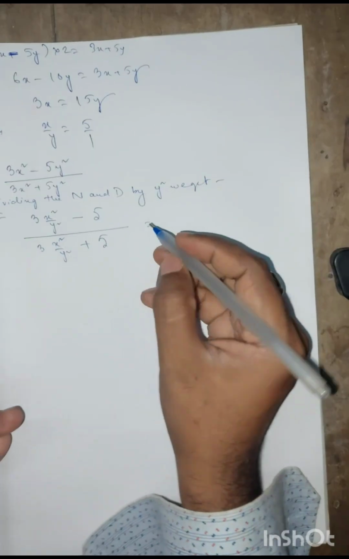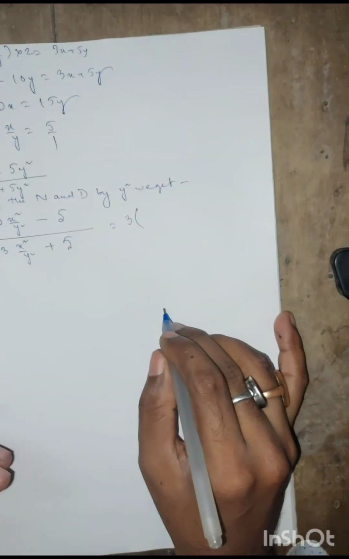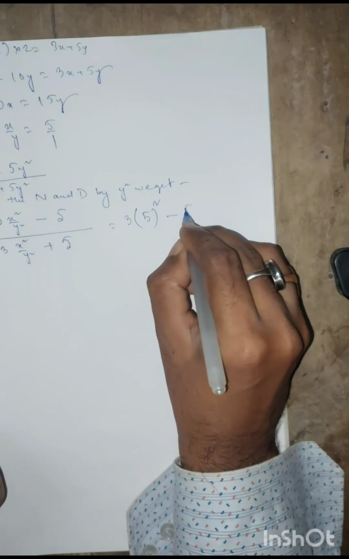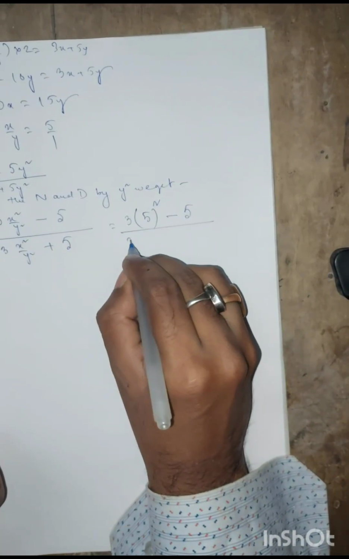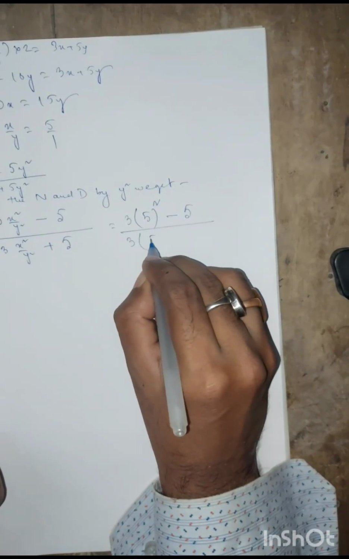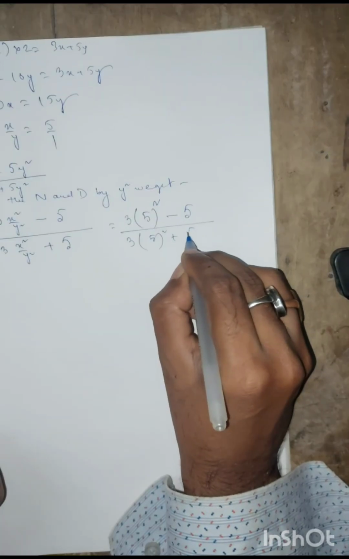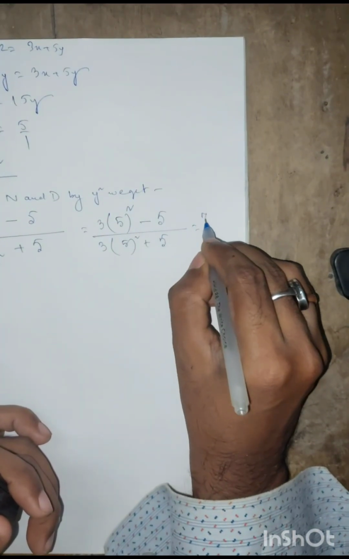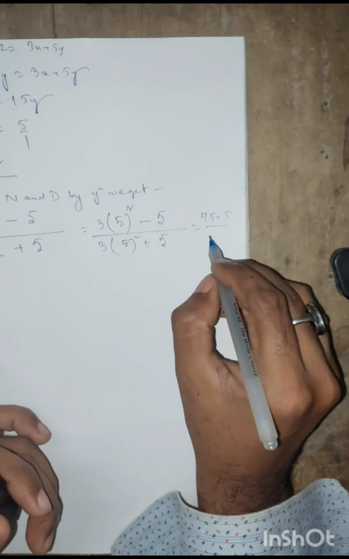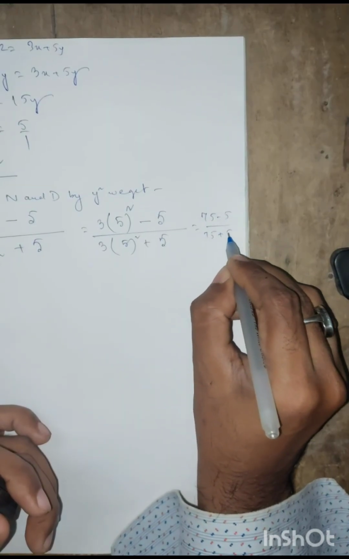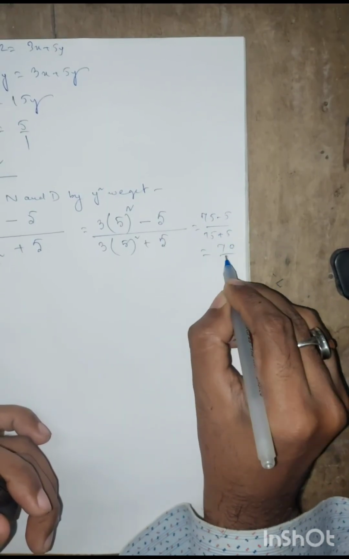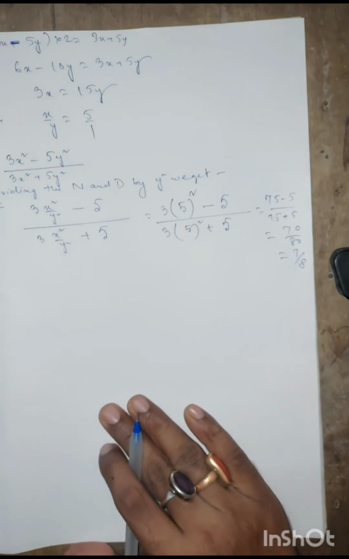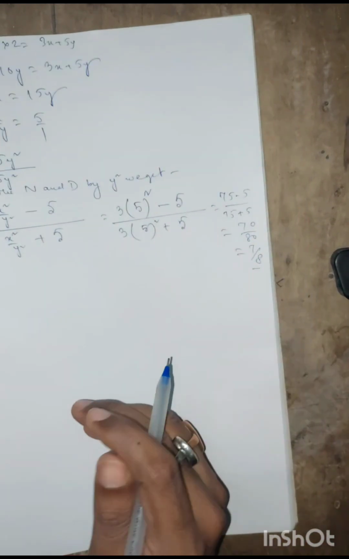Now we can write 3 into, in place of x by y we can write 5 square plus 5. So we can get 75 minus 5 by 75 plus 5. This is 70 by 80. This is 7 by 8. So we are getting the value 7 by 8.